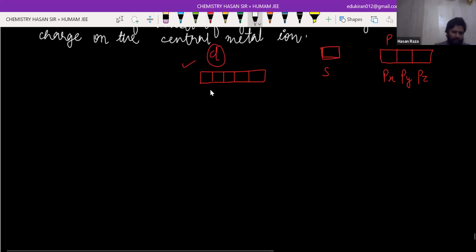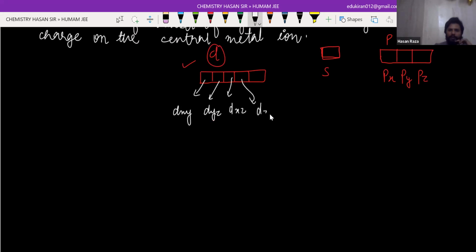You have studied this in class 11th as well. Like px, py, pz, we have dxy, dyz, dxz, dz square, and dx square minus y square.